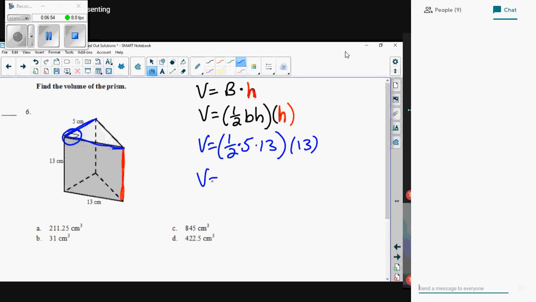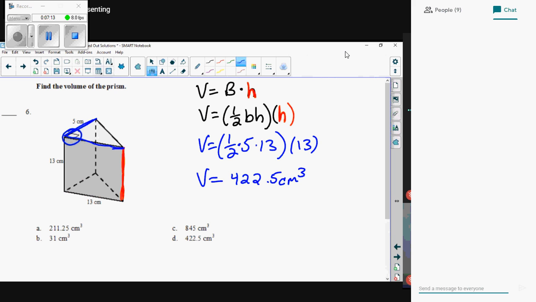So to find the total volume, we have to multiply 1/2 times 5 times 13 times 13, and that's going to be 422.5, and the units are cubic centimeters. All right?